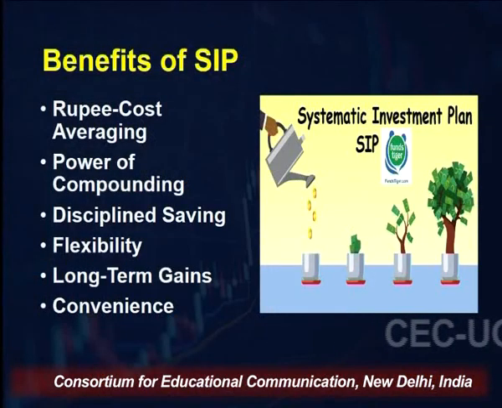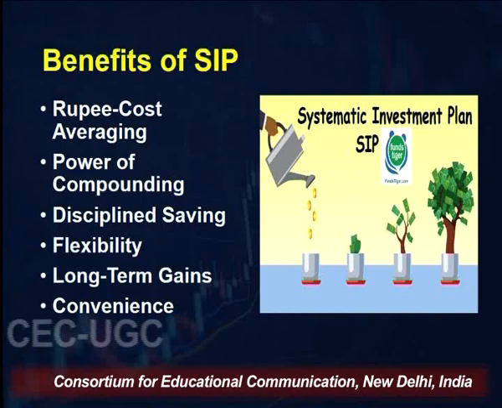Friends, this is a very, very important feature of any investment, and I would say a mantra of investing. Power of compounding. The longer you invest, the larger the money you will get. As human beings, we have an average life of say 75 years.